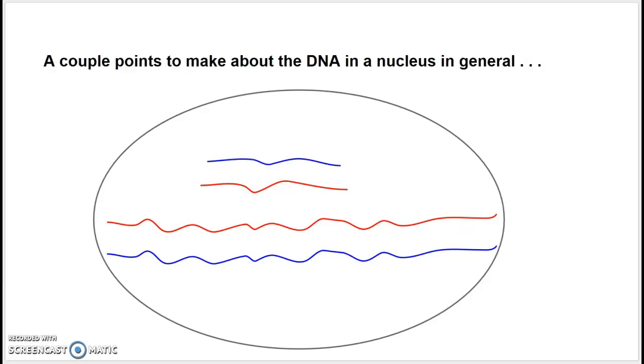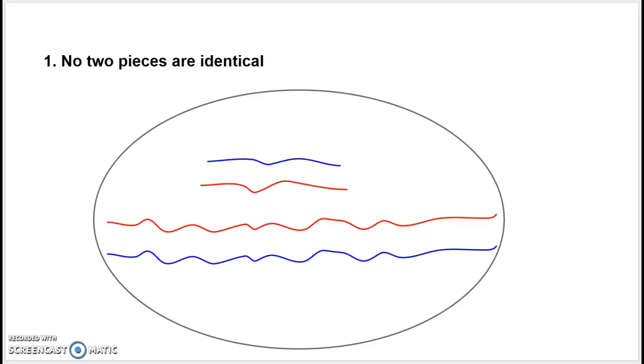We'll get to that. Now, a couple of points we want to make about the DNA in the nucleus in general. The first is that if you look at all these pieces, none of them are identical. These two have a different color, and these two have a different size. However, each piece of DNA in a nucleus has a pair.